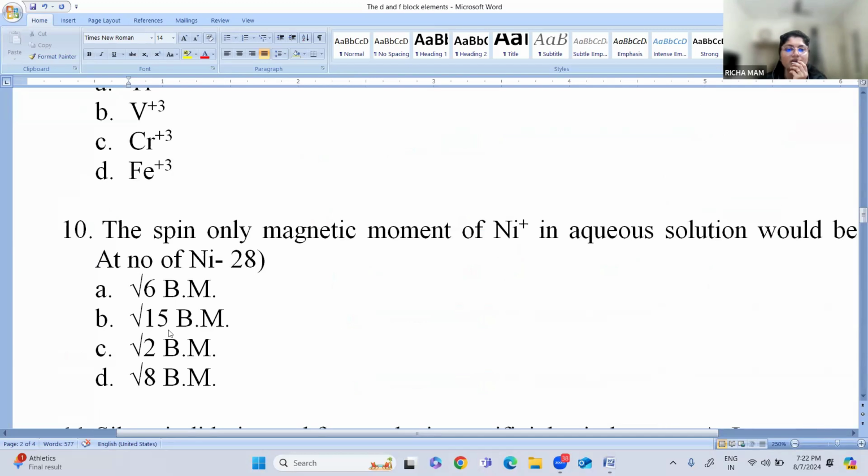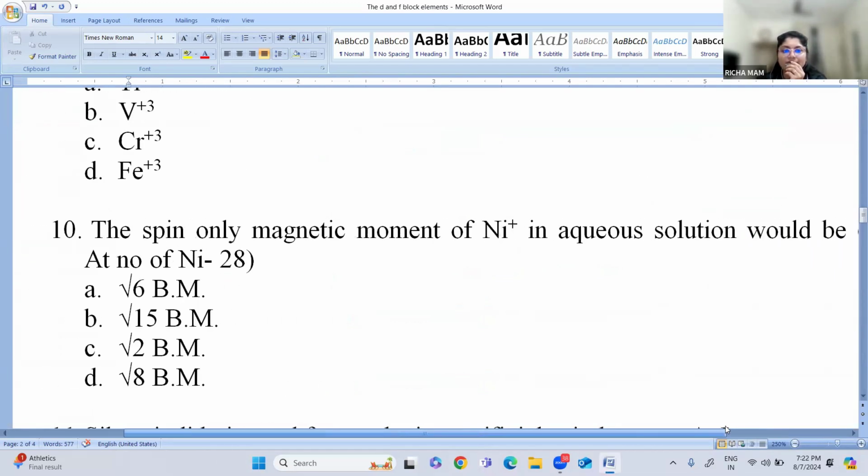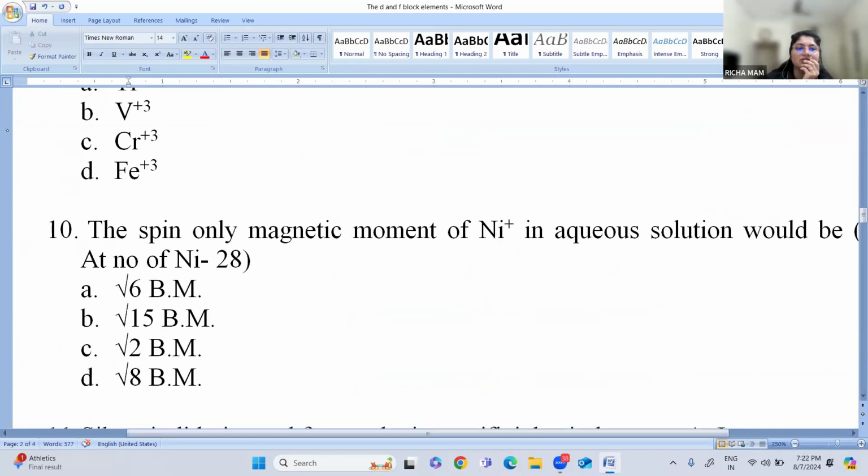Next question. The spin-only magnetic moment of Ni plus in aqueous solution would be, atomic number of nickel is 28. So what is the spin magnetic moment of nickel? Nickel is 28, so it is argon 18, 3d8, 4s2.